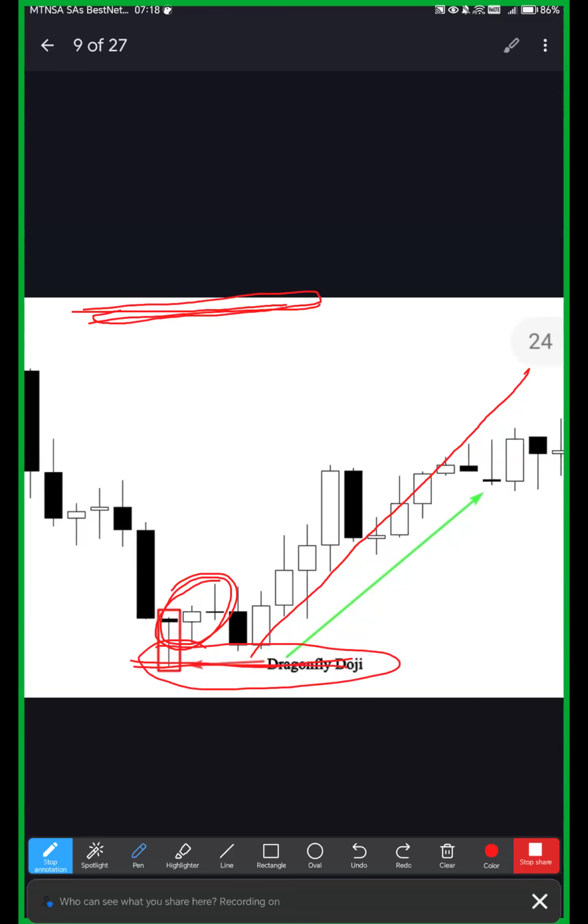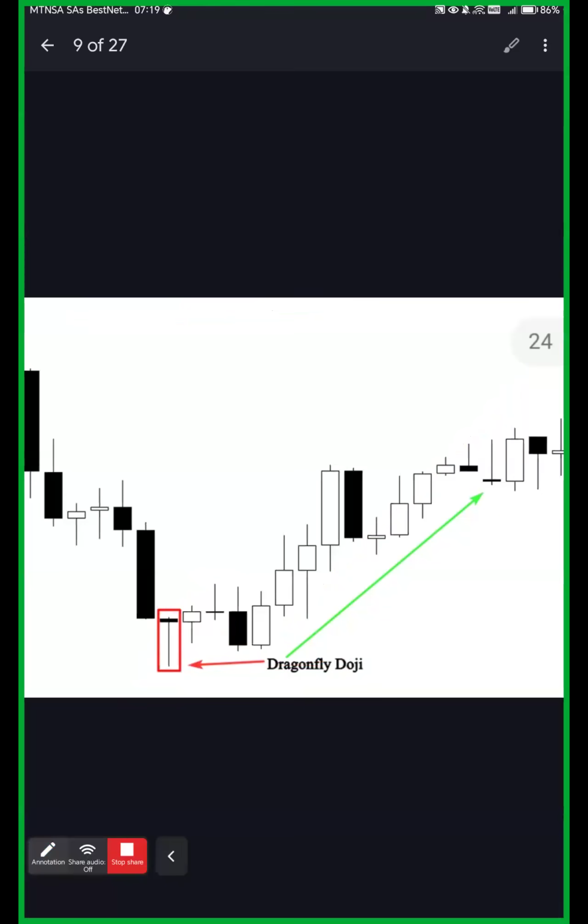Then you are able to determine whether this market is favorable for you to enter or not to enter. Yes, of course, with extra indicators that will help you to make a decision that this market is tradable or it is not tradable. So this is a dragonfly doji, a market reversal signal to the upper side.